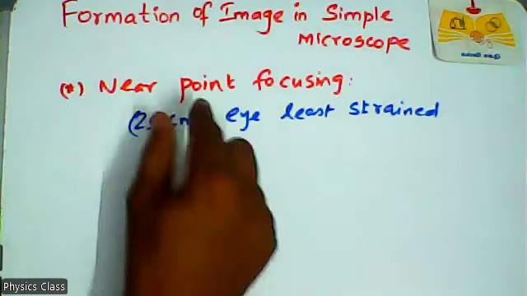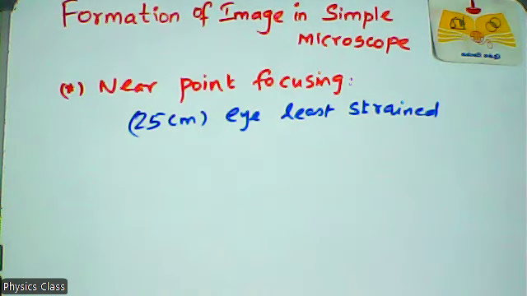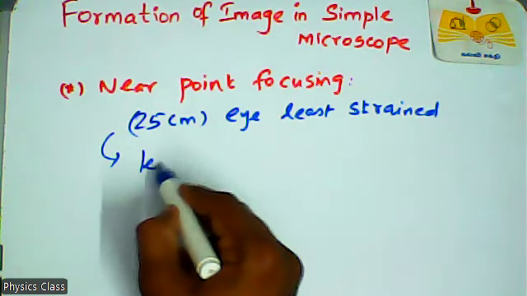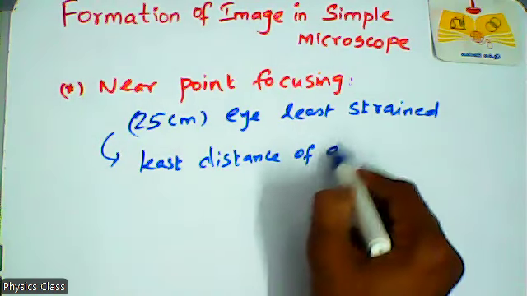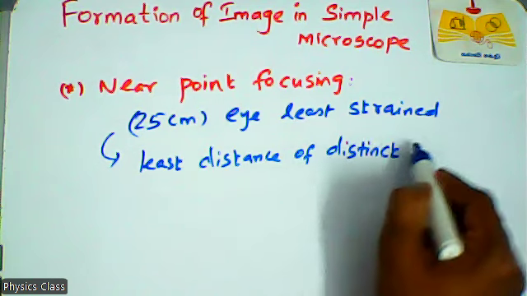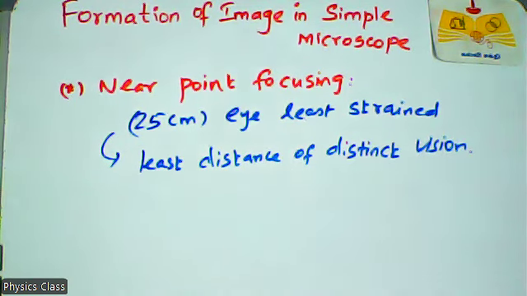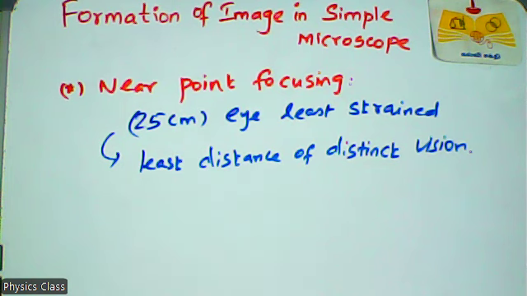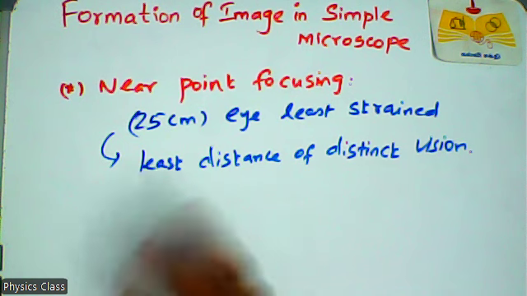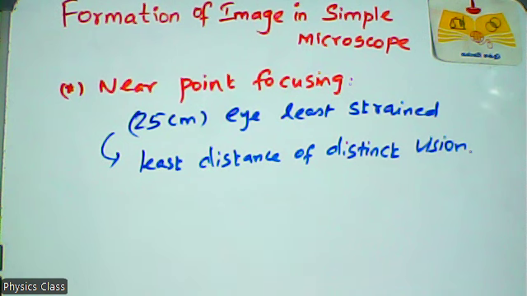The near point is also called the least distance of distinct vision. Distinct means clearly. So the object is placed in front of the lens within the focal length, so the object distance should be less than f. So the image is formed at a position which is the near point.